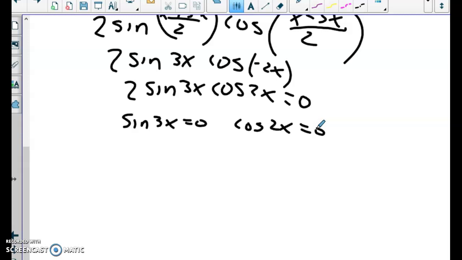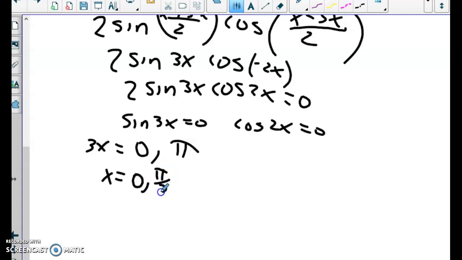The sine, which is the y value, is equal to 0 at 0 and pi, and that's equal to 3x. So I get my x values of 0 and pi over 3.